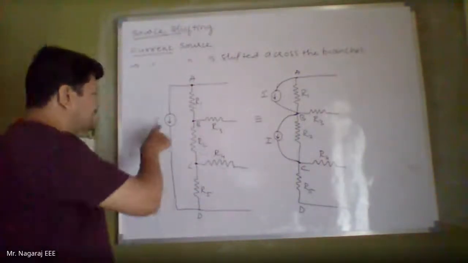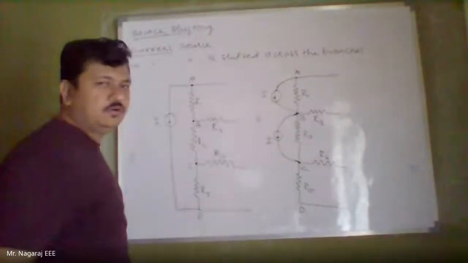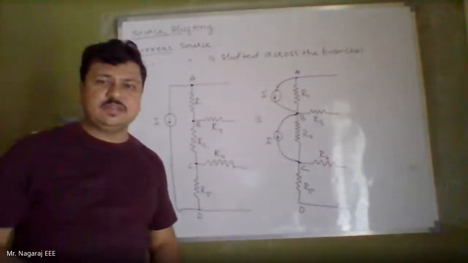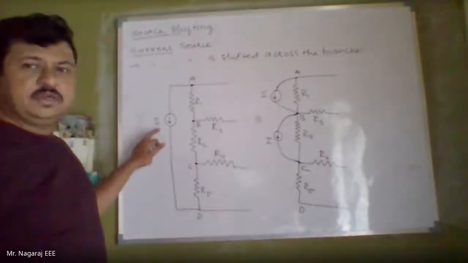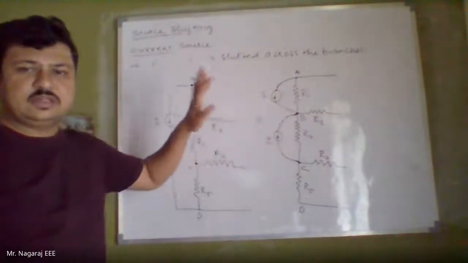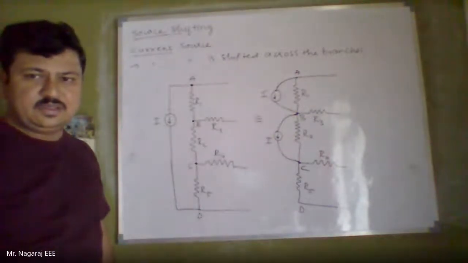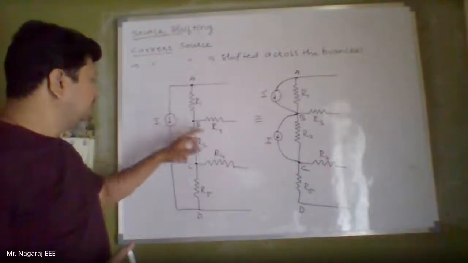So when I connect the source of I amperes at node B, I should make sure that this current of I amperes will not flow through the branch R3. Why? Because it is not directly flowing here.